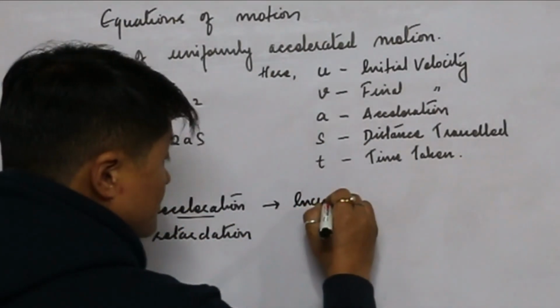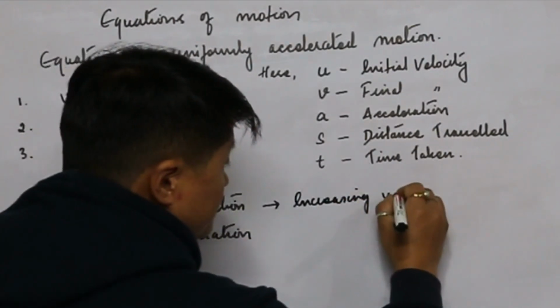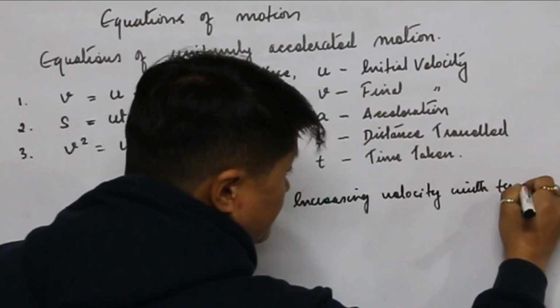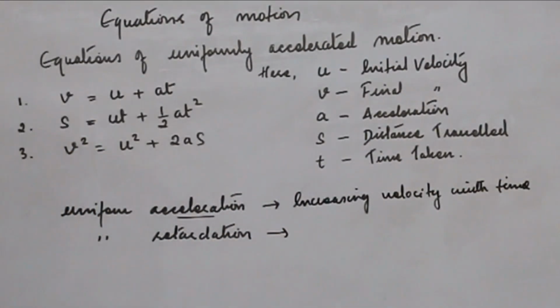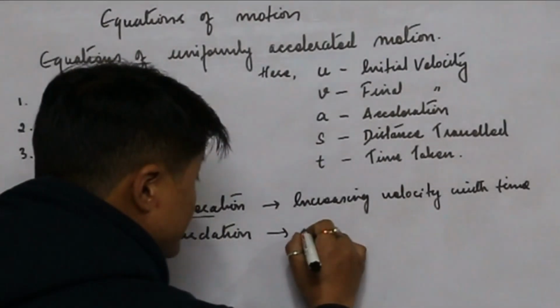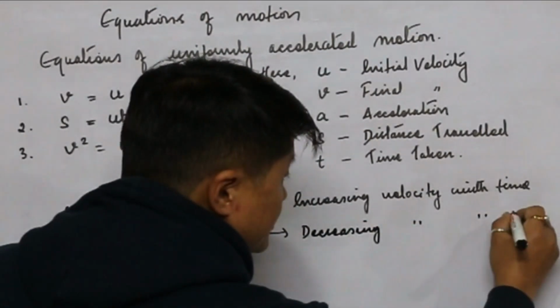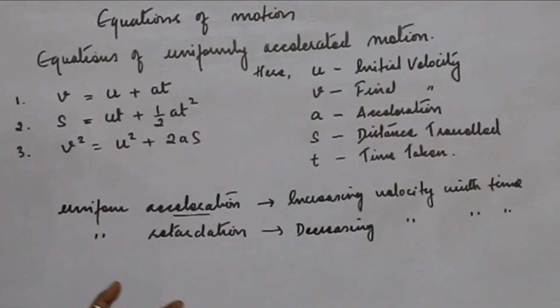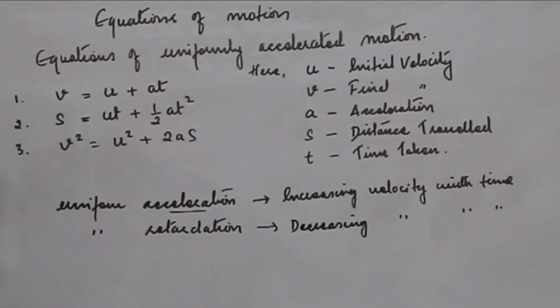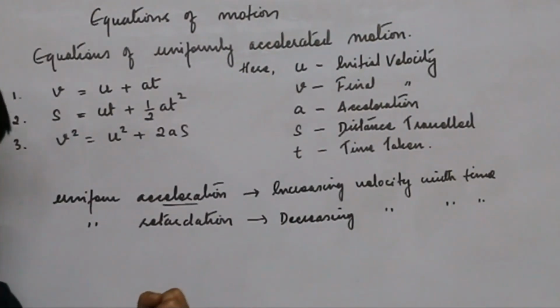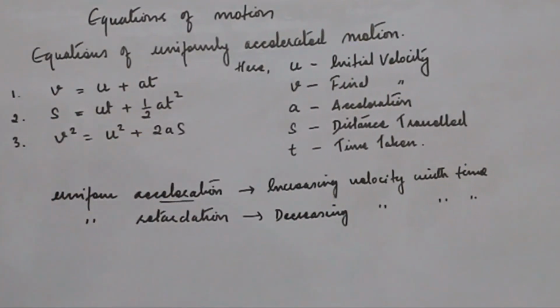Increasing velocity with time. And retardation is opposite of acceleration, or negative of acceleration, or deceleration. So retardation is your decreasing velocity with time. Whenever in the question you find that the body is moving with uniform acceleration, or sometimes the brakes are being applied and the body's motion is uniform retardation, at that time we can use these three equations.